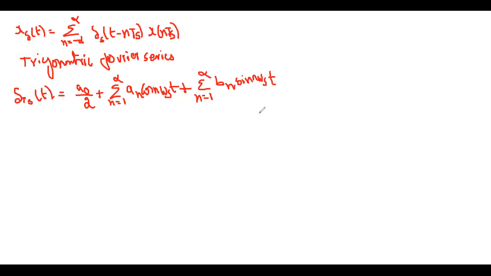This is the equation for the trigonometric Fourier series having coefficients a naught, an, and bn. Got it, my dear friends?